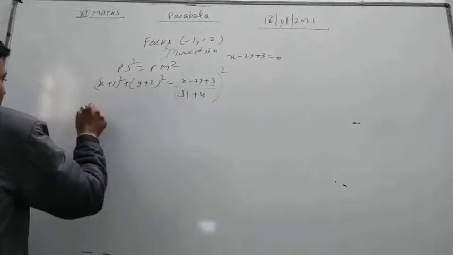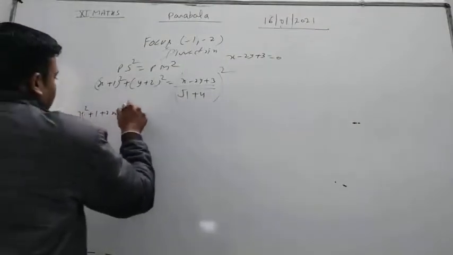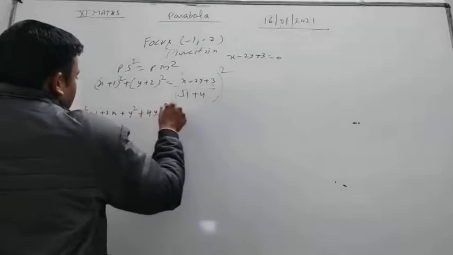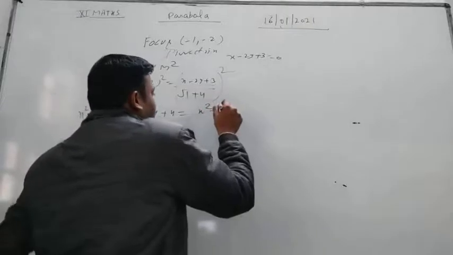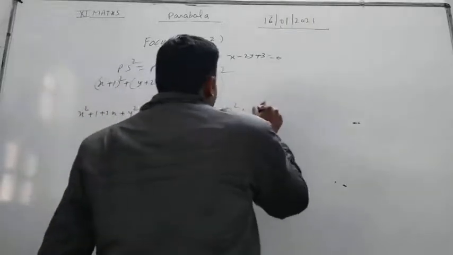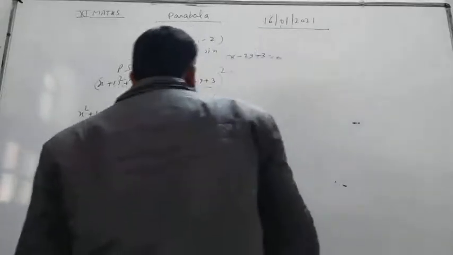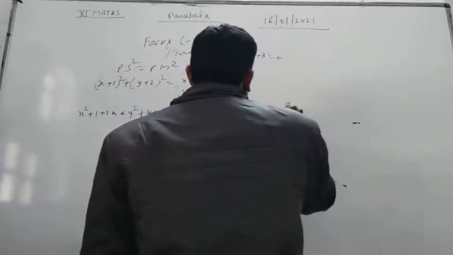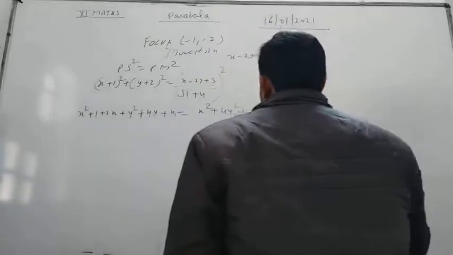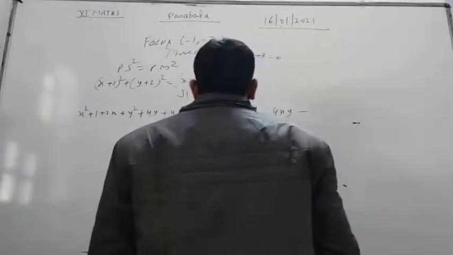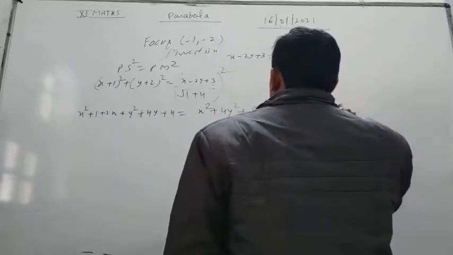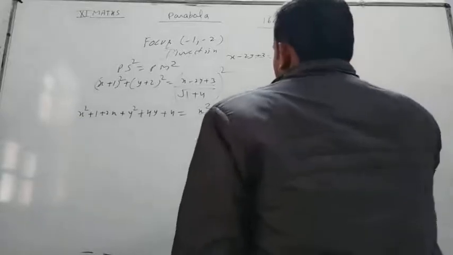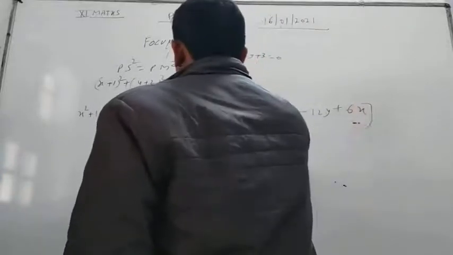We are expanding this: x square plus 1 plus 2x plus y square plus 4y plus 4. This is a square plus b square plus c square minus 2ab, so this is minus 4xy minus 12y plus 6x plus 9, and this is equal to 1 by 5.